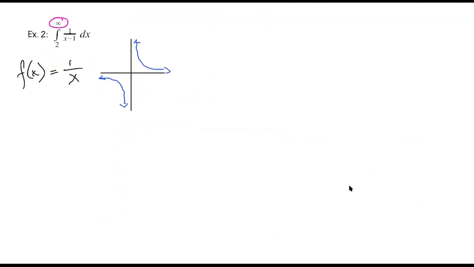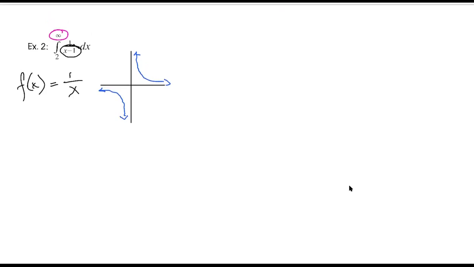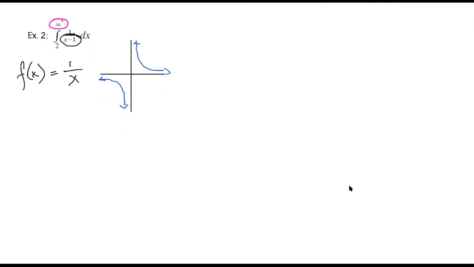So this x minus 1 on the bottom, just like last time, moves our function to the right 1 unit.